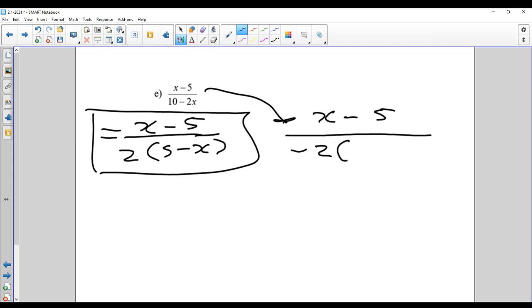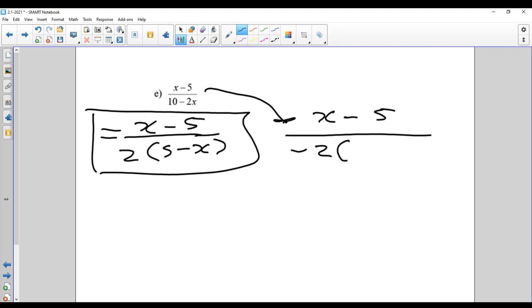Let's see what the result of that is. Let's see how that changes things. So I'm going to divide both of these terms by minus 2. Charmaine, I want to hear from you on this one. Let's factor out minus 2. You'll see why I'm doing that in a minute.